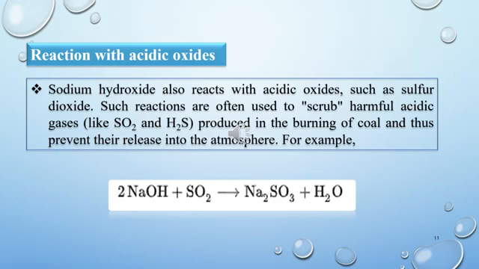So due to this reason, this kind of reaction is used to scrub harmful gases like sulfur dioxide and hydrogen sulfide. And in the figure, you have seen that sodium hydroxide reacts with sulfur dioxide and forms sodium sulfide.